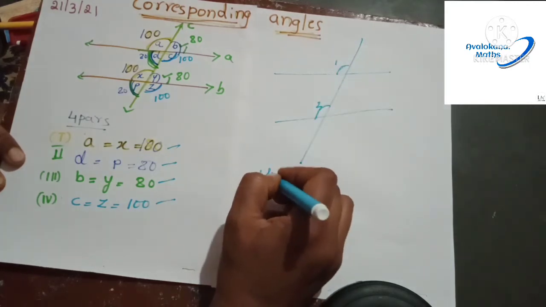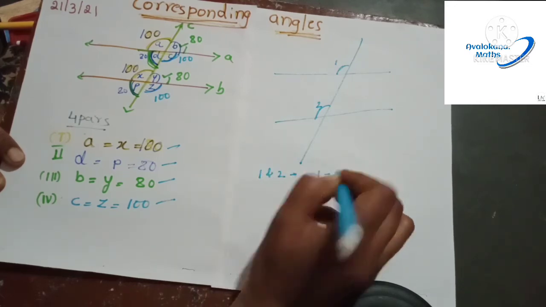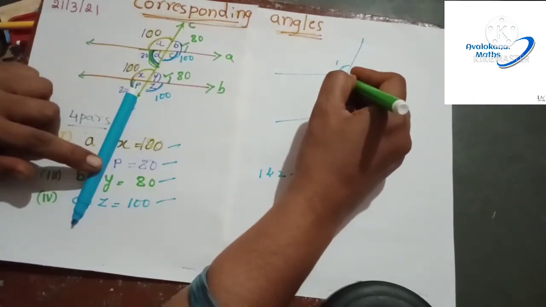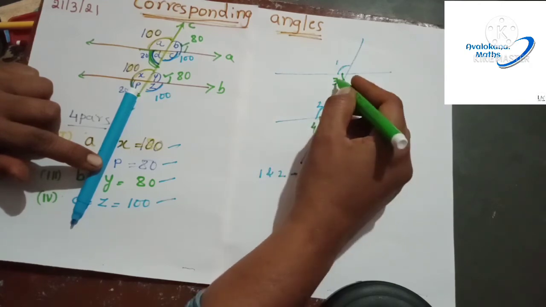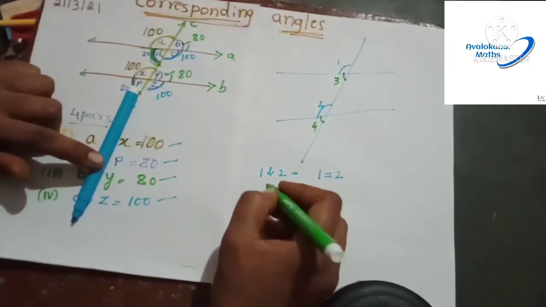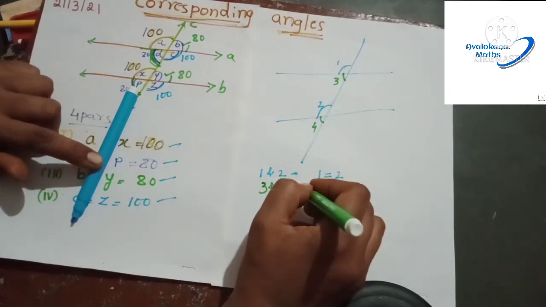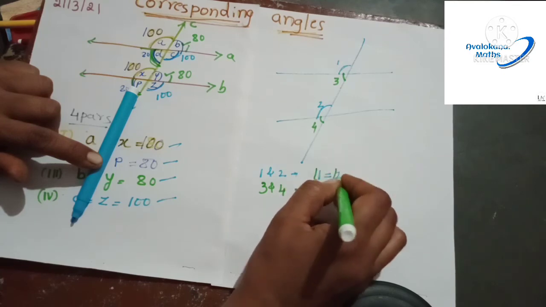Angle 1 and angle 2 are one pair of corresponding angles, and angle 1 is equal to angle 2. Now suppose this is 3 and this is 4. Then angle 3 and angle 4 are one more pair of corresponding angles, and angle 3 is equal to angle 4.